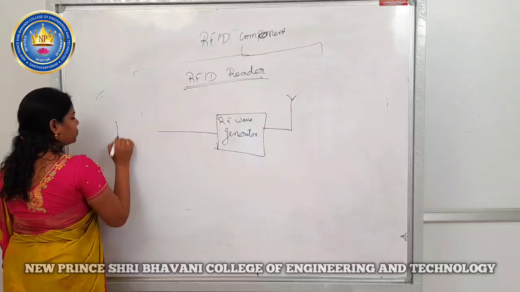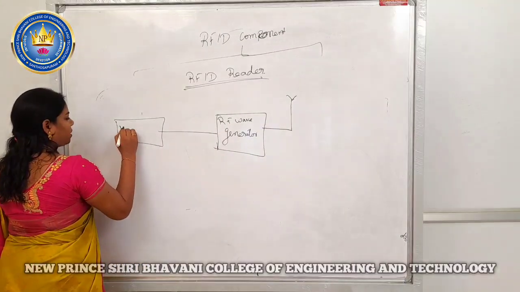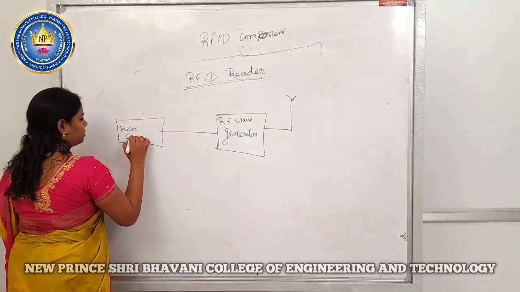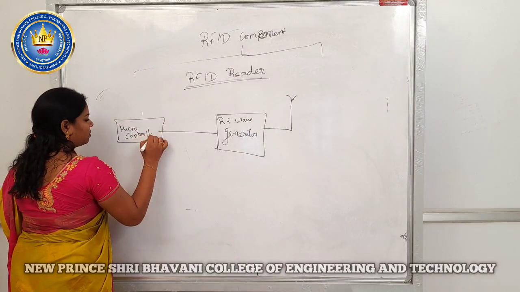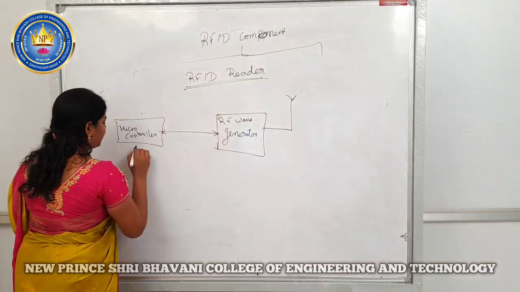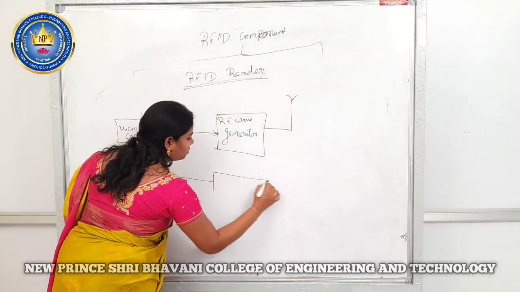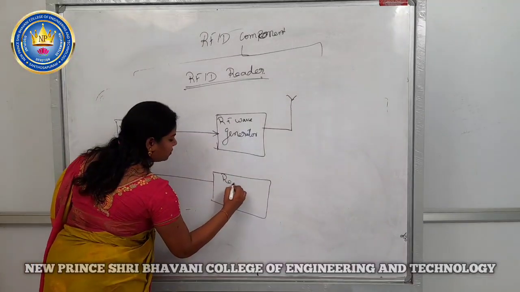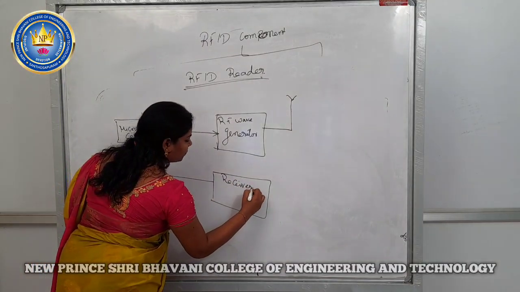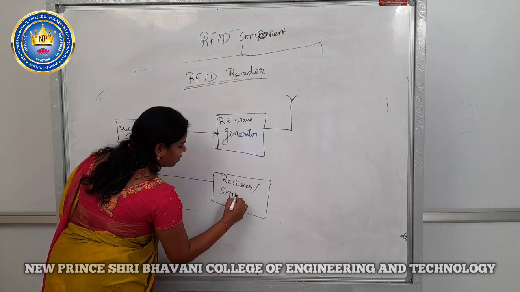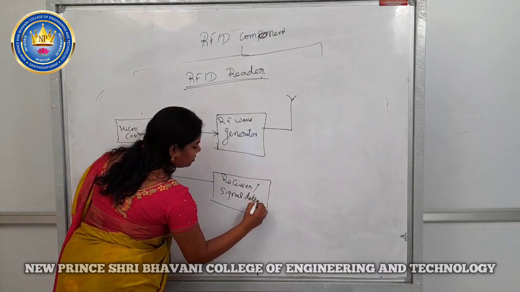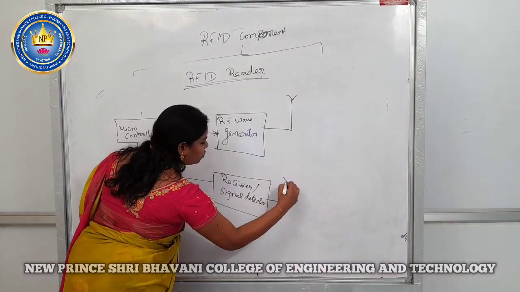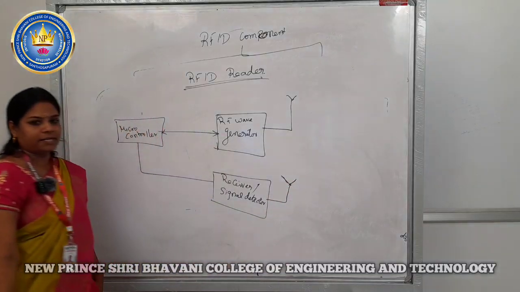It is connected to the microcontroller. The microcontroller is also connected to the receiver, otherwise called the signal detector. The signal is received from the antenna.